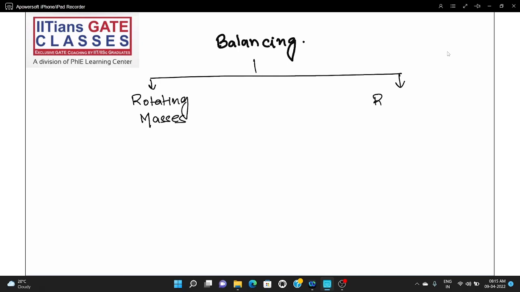Also, it can be for reciprocating masses, right?